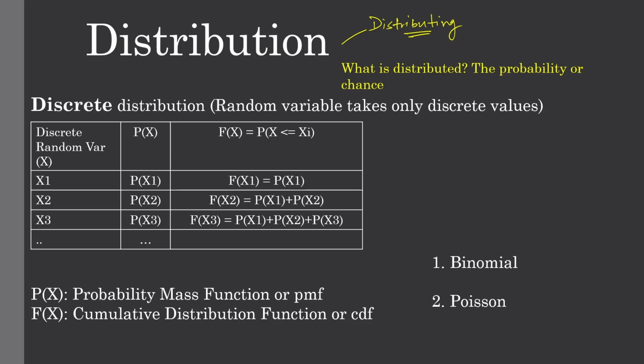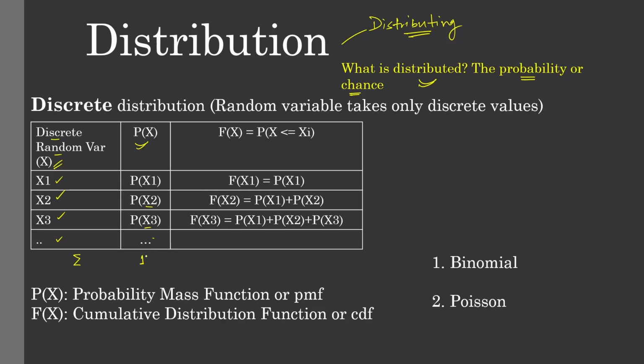Now use that same concept in case of probability. In case of probability, what is distributed? The probability or chance itself is actually distributed. For example, if you have a discrete random variable x and x is taking these values x1, x2, x3, maybe x4 also, these are the probabilities: probability of x1, probability of x2, x3, and so on.